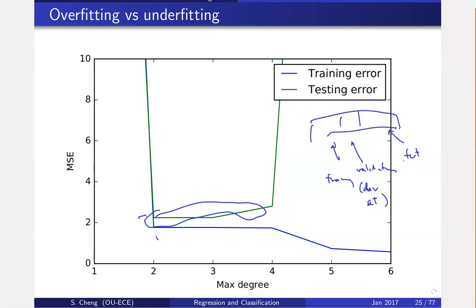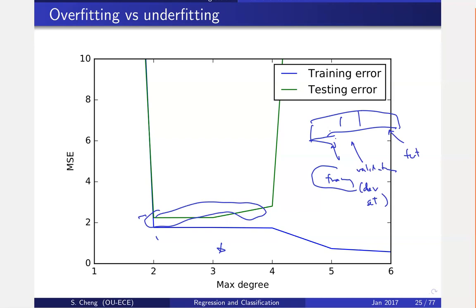For example, if I need to consider which degree is optimum, which degree gives me the best result in this case, then for each of the degrees here, I train the model using the training set, but I'm not going to test my model with the training data.